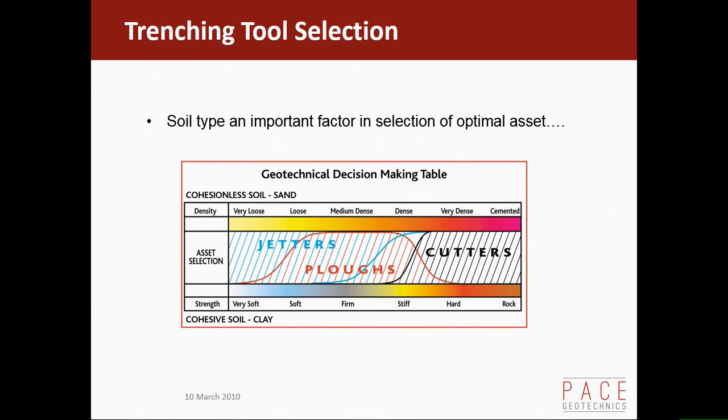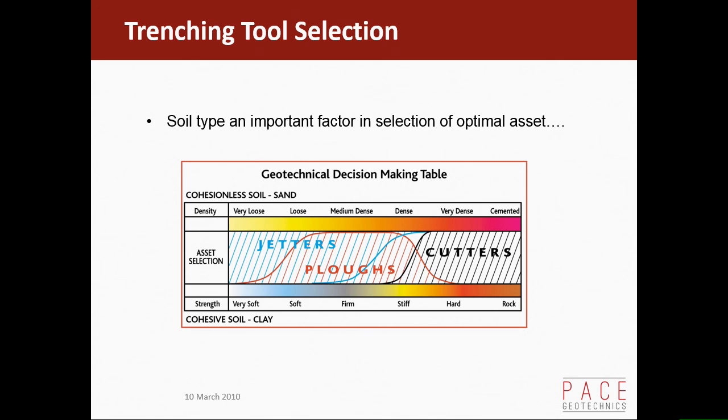So soil type, that gives an indication of which soils are most appropriate for different techniques. Jetting tools, the blue there, are very suitable for very soft clays and most sands, possibly even into the very dense sands, where you could still use a jet tool quite successfully.